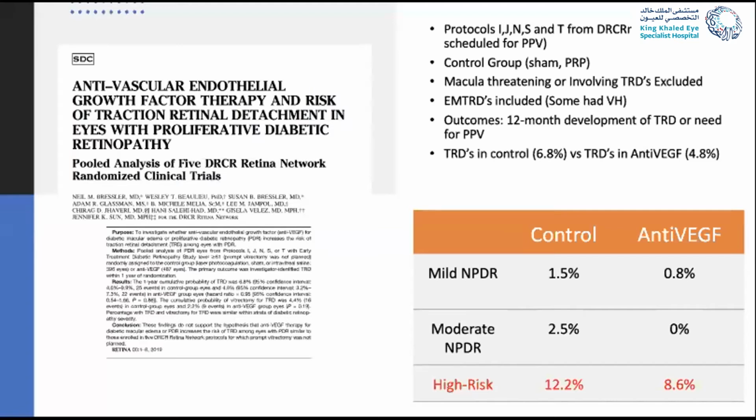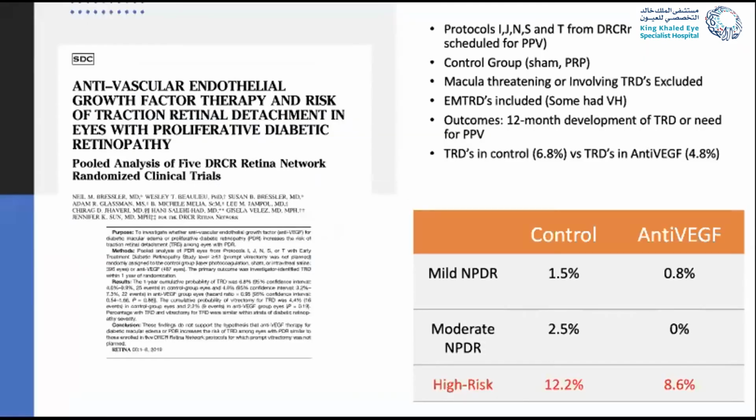And these patients were not scheduled to undergo vitrectomy, unlike the series published by Arevalo. And they compared them to a control group of patients included in the same trials who were randomized to receive either PRP or sham injections. Patients who were receiving steroids were excluded from this review.